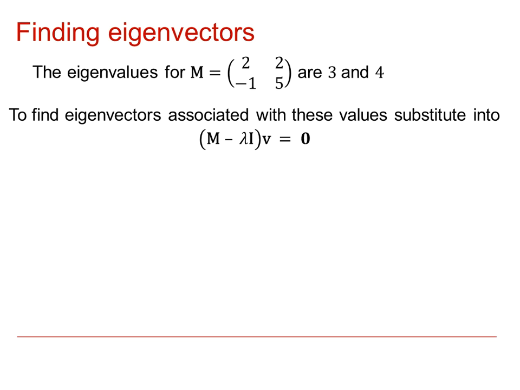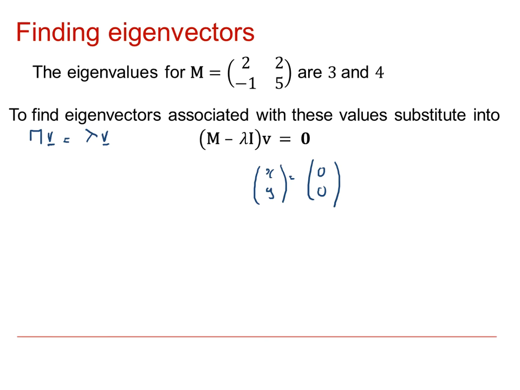So now that we've got these eigenvalues, we know from the definition of an eigenvector that M multiplied by v is lambda v, where lambda is the eigenvalue, and therefore we can write that as M minus lambda I times v is equal to 0. So looking at our original matrix, if we subtract lambda from the elements, then we can write that multiplied by the vector (x, y) must be equal to a 0 vector.